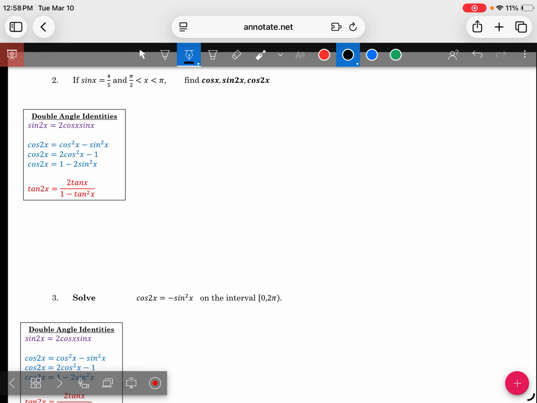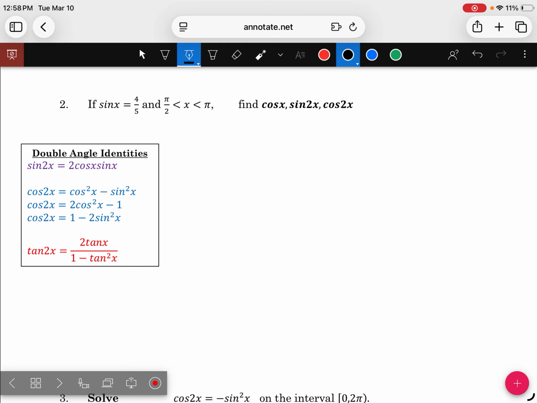I think I accidentally cut off question 1. So we'll come back to 1 later. And we'll start. Let's go to question 2. I did not mean to cut out that question. I forgot that we are not finished with that one. 5th period was done with it yesterday, and I did not mean to get rid of it. But that's okay. We'll come back and finish it later. So let's go to number 2.